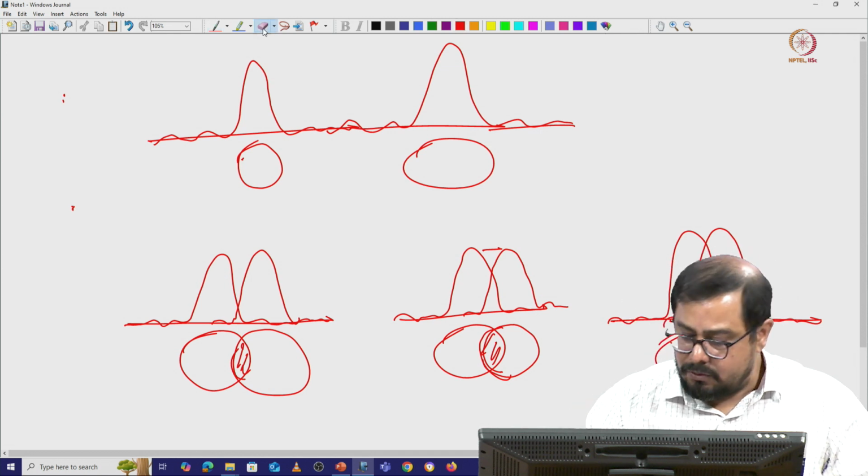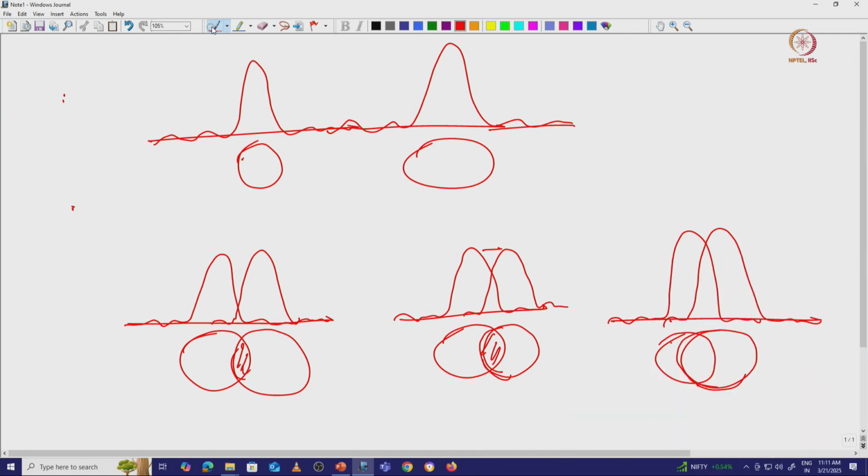So here you can see that in both cases they are overlapped so much that we cannot distinguish these two circles anymore. But in this case there is some kind of separation, but that is not enough to resolve. There are two discs, but in this particular case we can see the discs are completely separated.